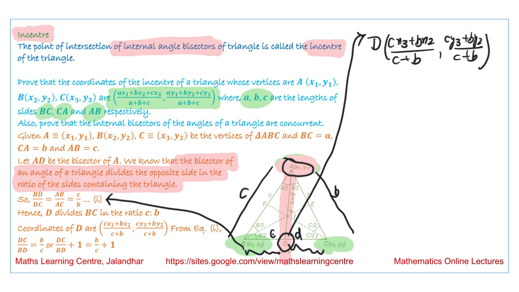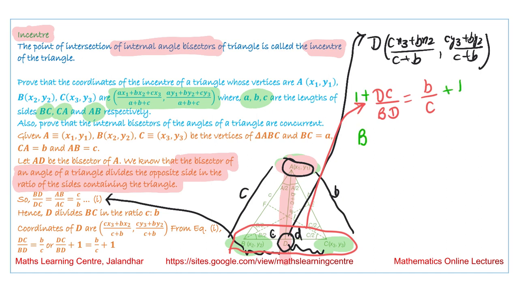Now consider this line BDC. We are saying the ratio DC is to BD equals b by c, and if we add 1 on both sides, we obtain (BD + DC) divided by BD equals (b + c) by c.